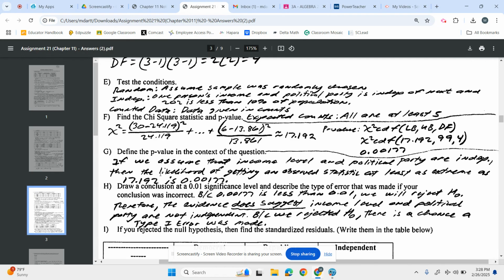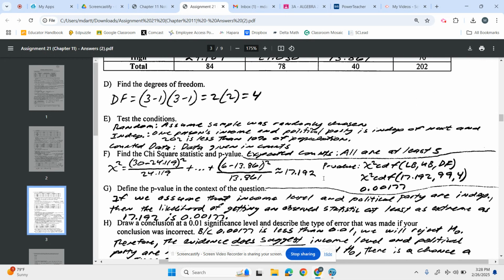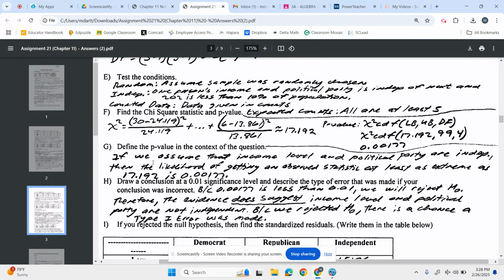So if we assume that the income level and political party are independent, because remember, you have to assume the null, and we're defining the p-value, then the likelihood of getting an observed statistic at least as extreme as our chi-squared, 17.192, is 0.00177.